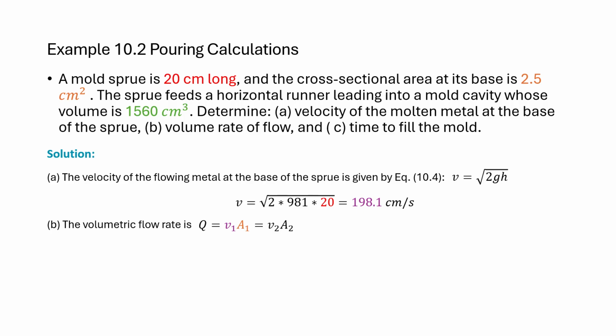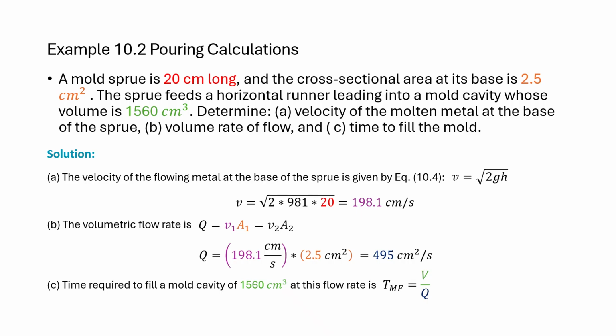So now we know the velocity and we know the area. We have 198.1 centimeters per second multiplied by 2.5 centimeters squared, and this makes Q equal to 495 cubic centimeters per second.